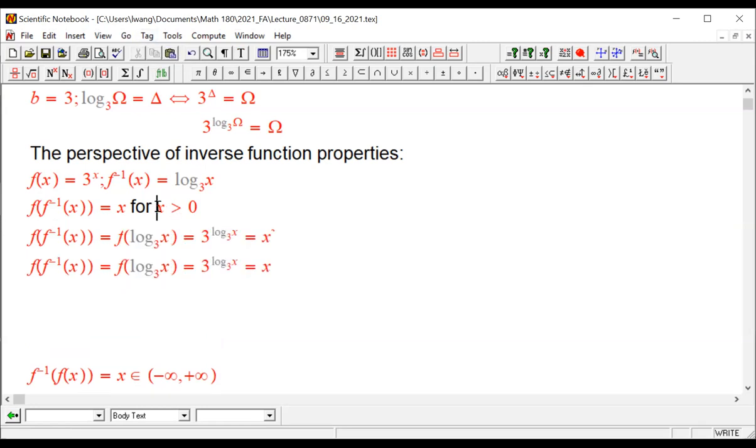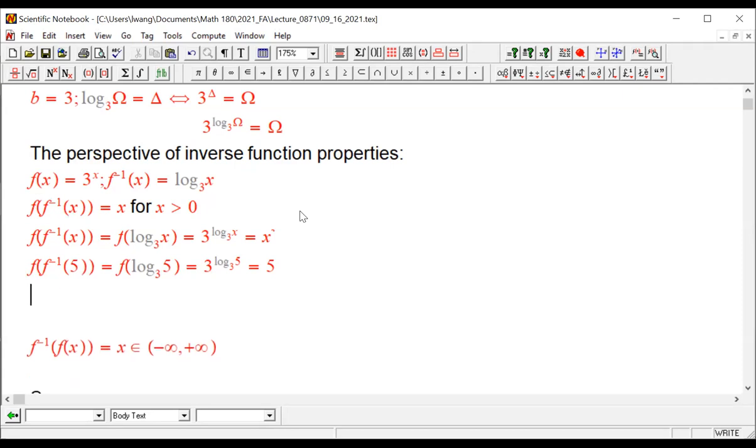This is true for any input that's in the domain of the inverse function. So when this guy is a 5, what happens to this? This is 5. So this is the second perspective. You guys see that? You got it?